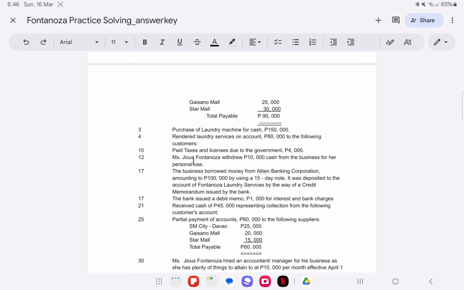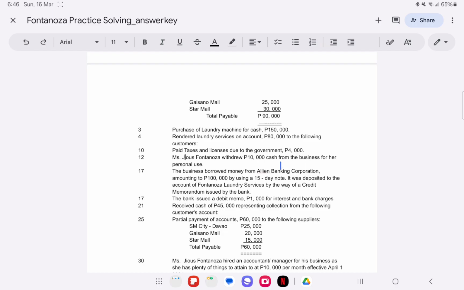Assuming you are the owner of the laundry services business, you are withdrawing cash for your personal use. So what would be your debit? What would be your value received? Withdrawing by the owner, you value parted with cash.